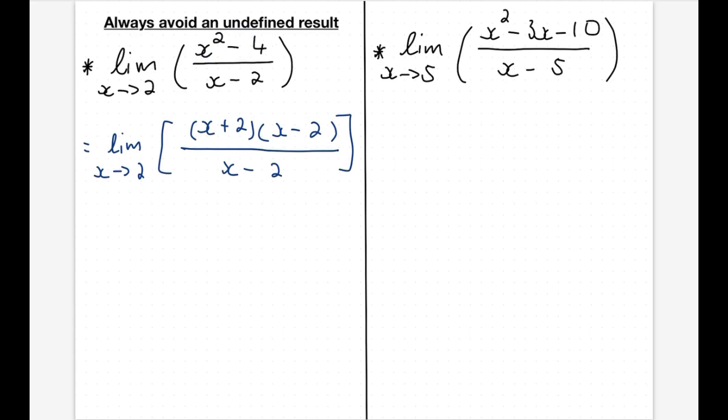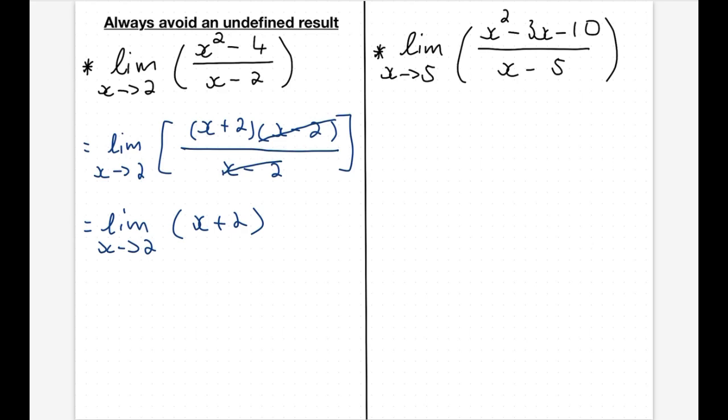Then how that helps me is that now this x minus 2 can cancel away with this x minus 2. So what I'm left with is the limit as x approaches 2. This doesn't just disappear. It can only disappear if I plugged in the x value of 2. So we keep writing it at each step. So we have here the limit as x approaches 2 of x plus 2. That's all we're left with there.